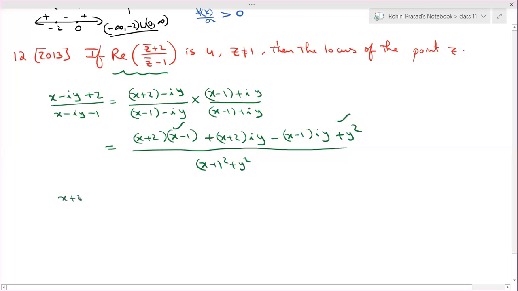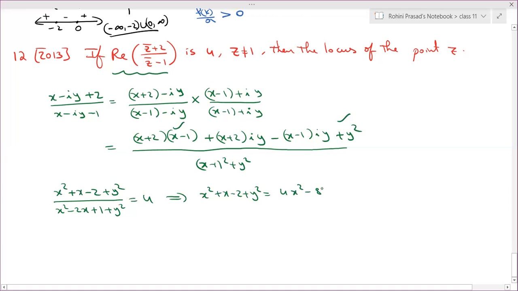So x plus 2, let us open the bracket: x square minus x plus 2x, which is plus x, minus 2 plus y square by x square minus 2x plus 1 plus y square equal to 4. So this is x square plus x minus 2 plus y square equal to 4x square minus 8x plus 4 plus 4y square.